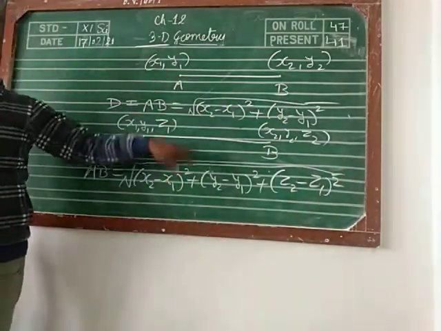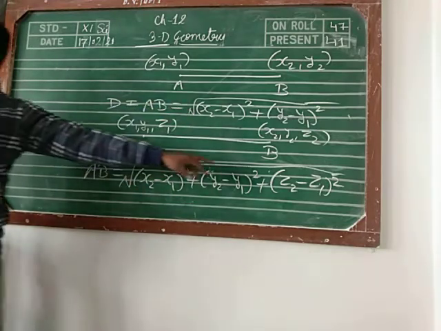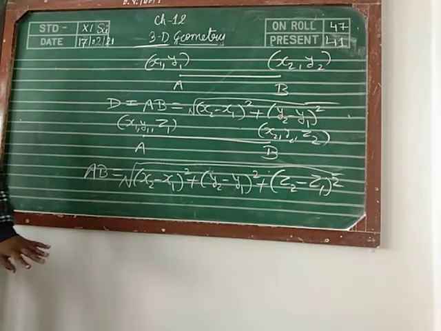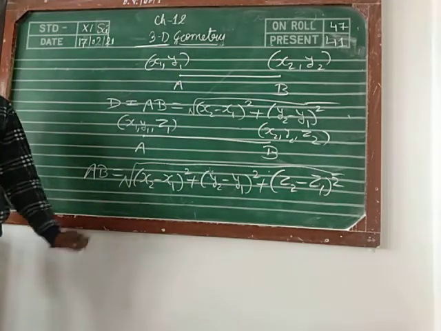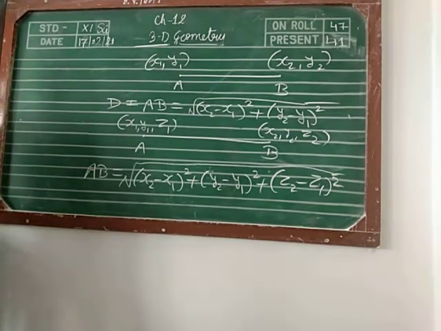This is similar to the previous one. This we know, and we only have to add the z coordinate in this formula. Note down. Then we are going to solve some questions on the basis of the distance formula.